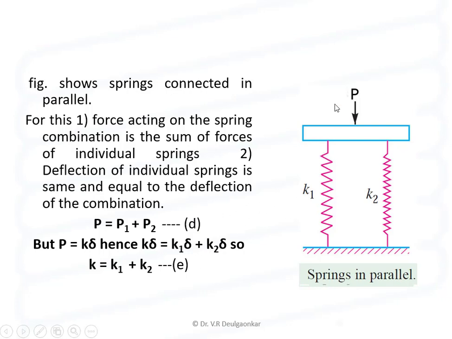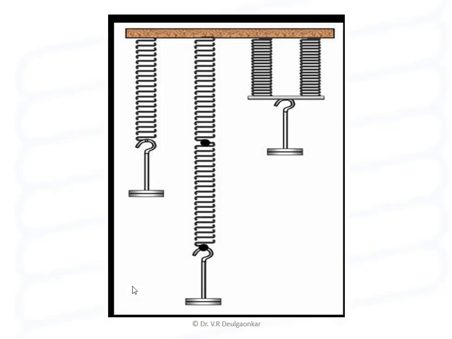So P will be distributed as P1 in spring 1 having stiffness K1 and P2 in K2. So P equals P1 plus P2, but as we know P equals K delta, hence K delta equals K1 delta plus K2 delta. Therefore K equals K1 plus K2 is the stiffness of springs connected in parallel combination.